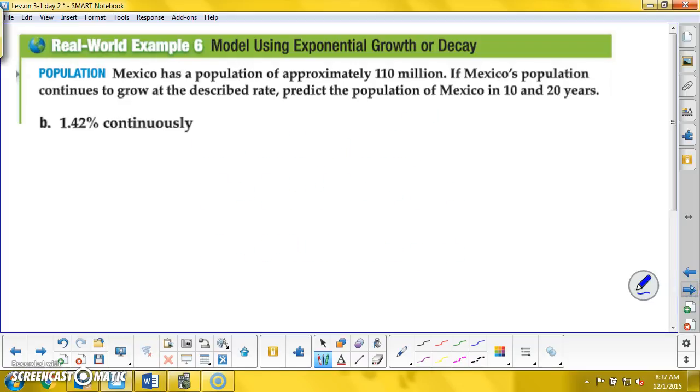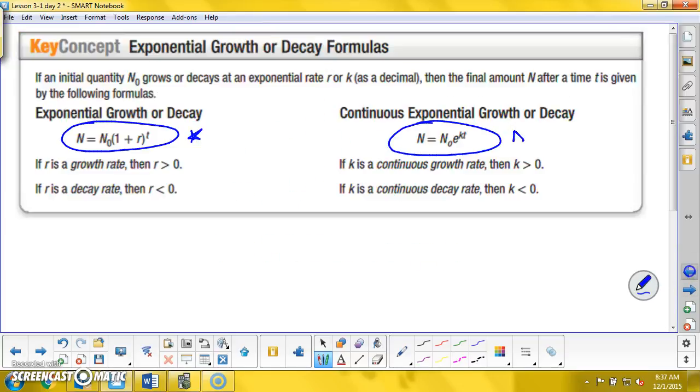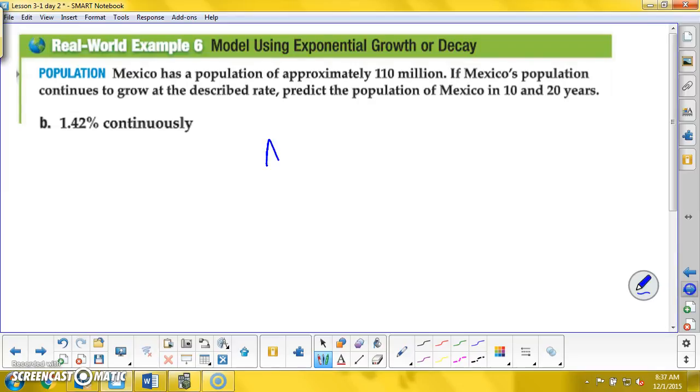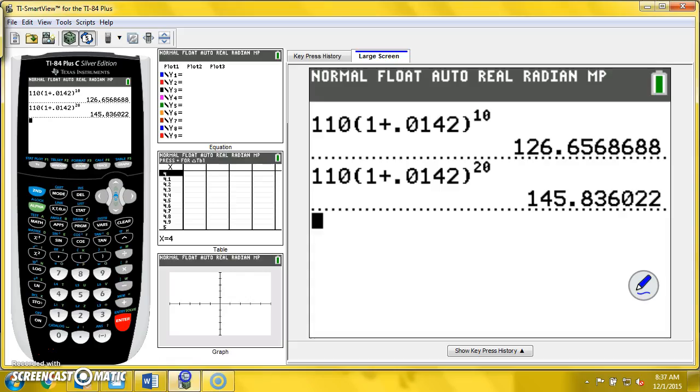And same problem now, but if it says, suppose that it's growing at 1.42 continuously, then we use a slightly different formula. We would use this formula right over here if it was growing continuously. So, the equation will look like this: e raised to the 0.0142 times 10. Again, on the calculator to find that. 110.